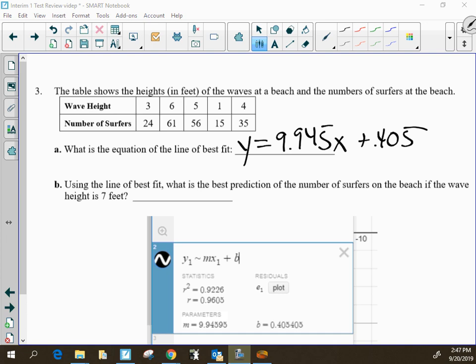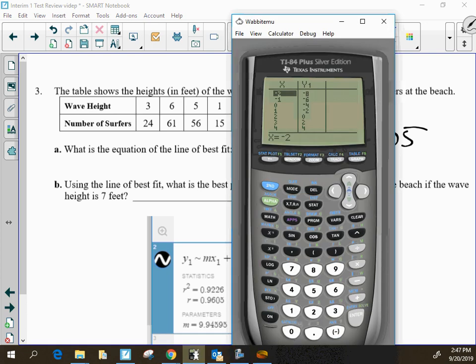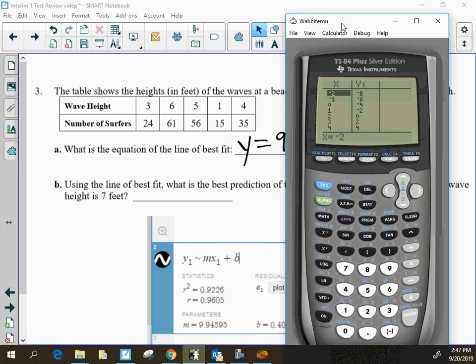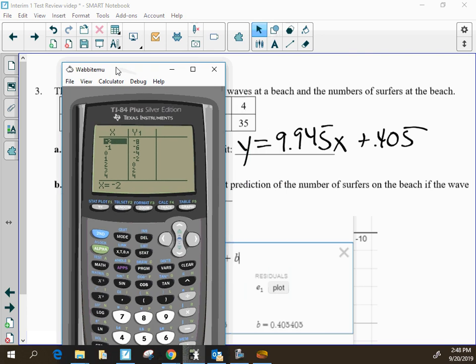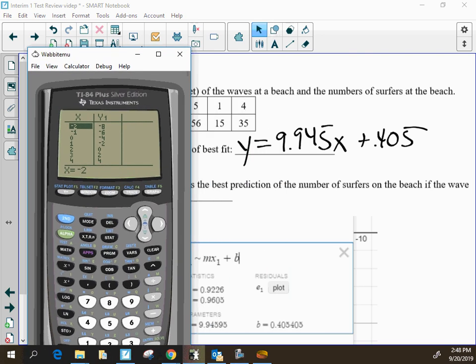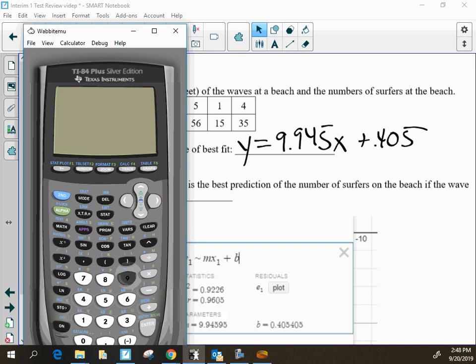Then it asks us, what is our best prediction for when the wave is 7 feet high? And you can do this in Desmos or on your TI-84. You would take your equation and just type in 9.945 times 7 plus 0.405.